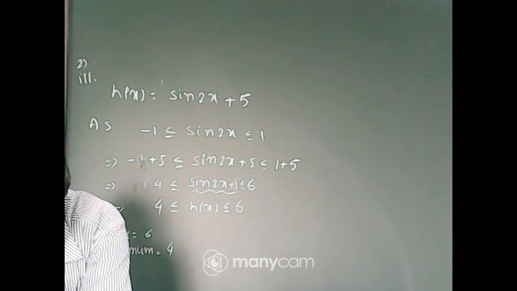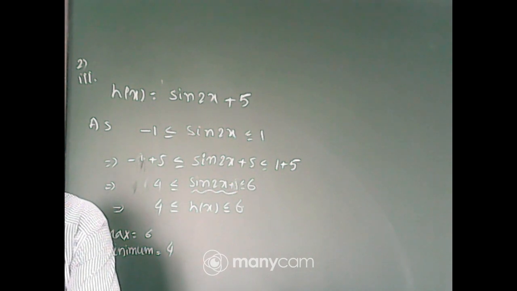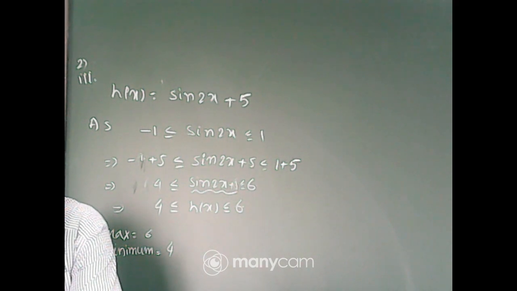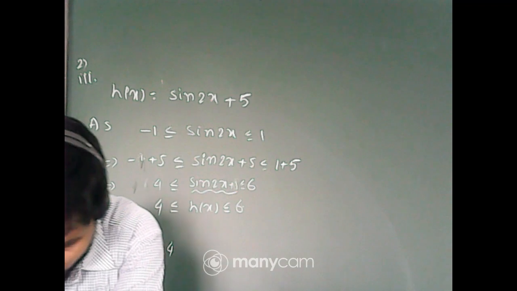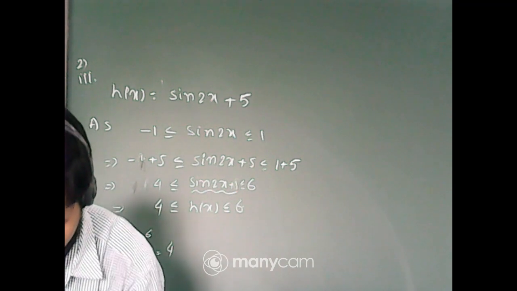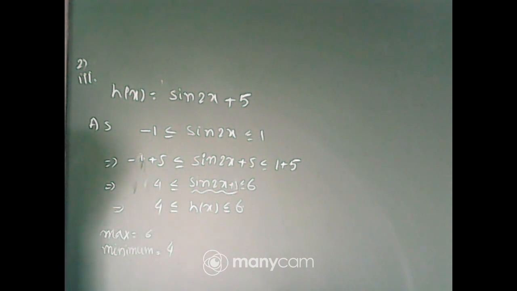Okay, now the next question. Suppose we are doing question number 2.1: find the local maximum value and the local minimum value of the following function, as the case may be.